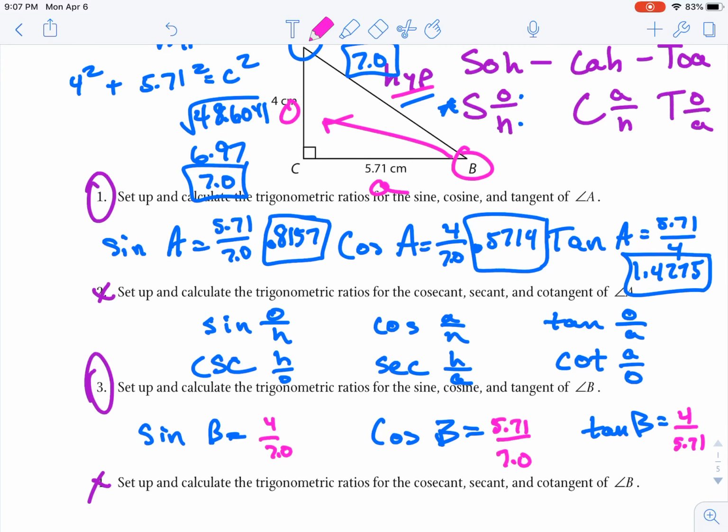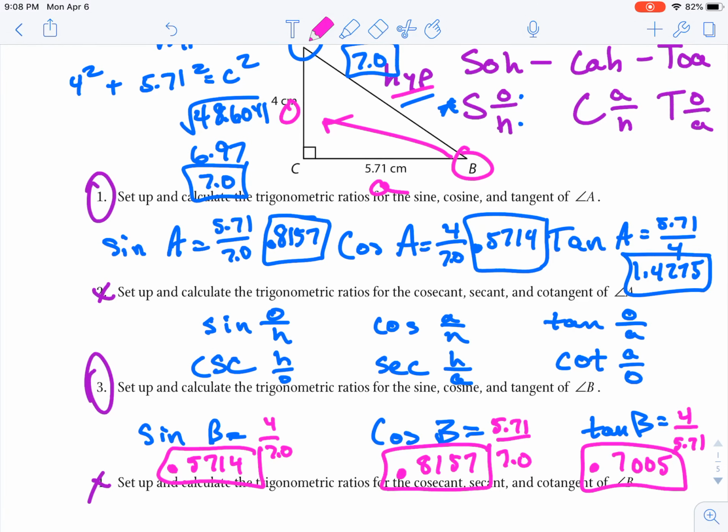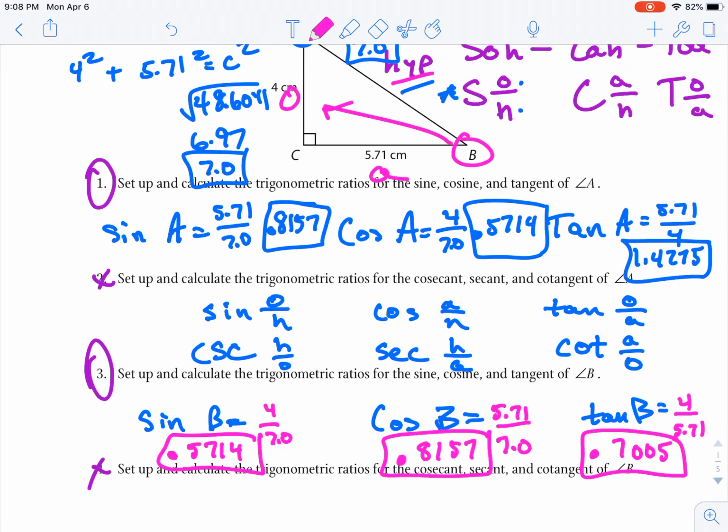All right, so use my calculator. 4 divided by 7.0 is 0.5714. 5.71 divided by 7.0 is 0.8157. And 4 divided by 5.71 is 0.7005. All right, that's pretty much the basics of sine, cosine, tangent. So, SOH CAH TOA.